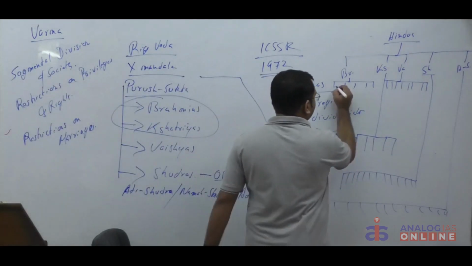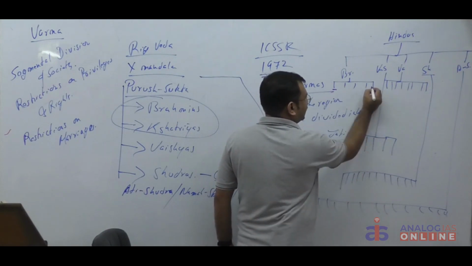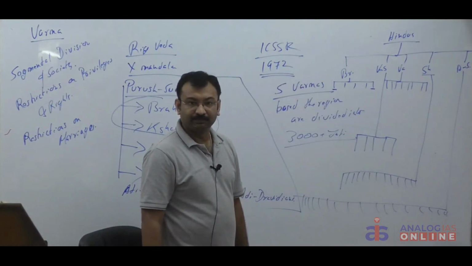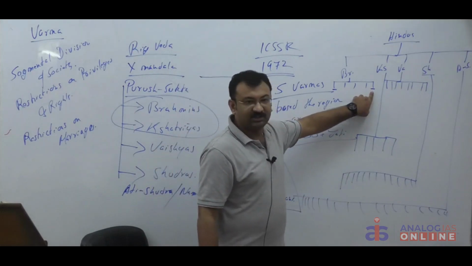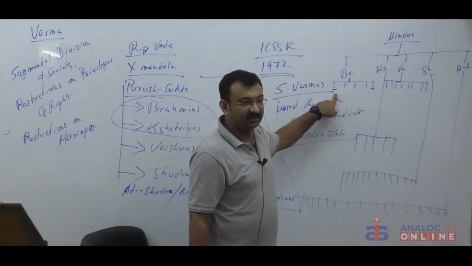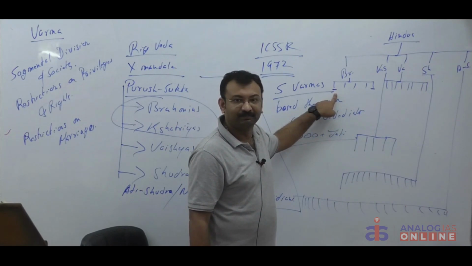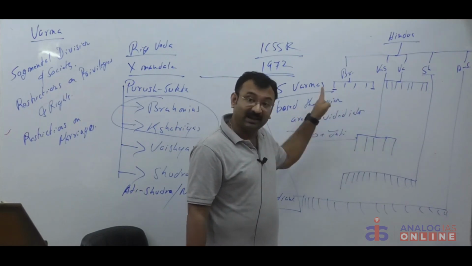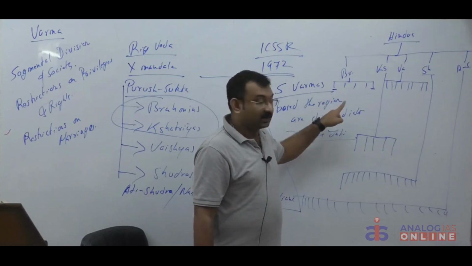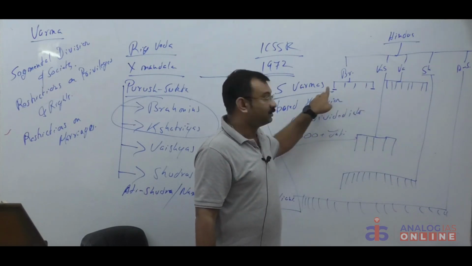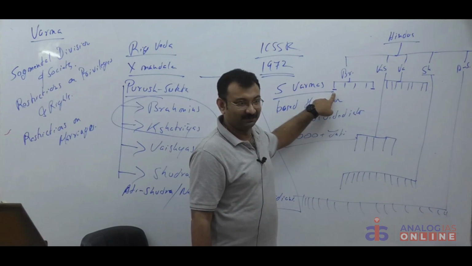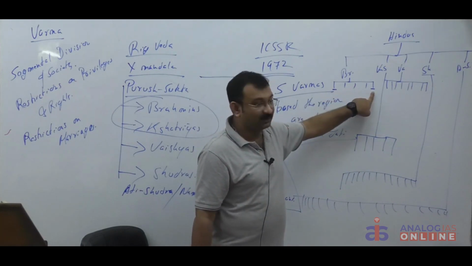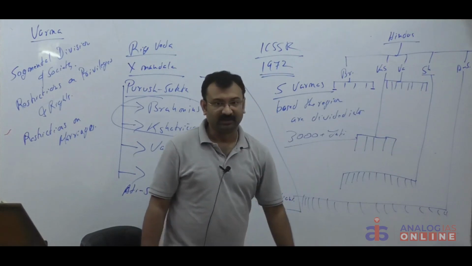Say they are the highest jati among the Brahmins and they are the lowest jati among the Brahmins. Can a boy of this particular jati marry a girl of this particular jati? Never. The opposite may happen. A girl of this particular jati might be married by a boy of this particular jati. But a girl of this particular jati being married by a boy of this particular jati, no way.